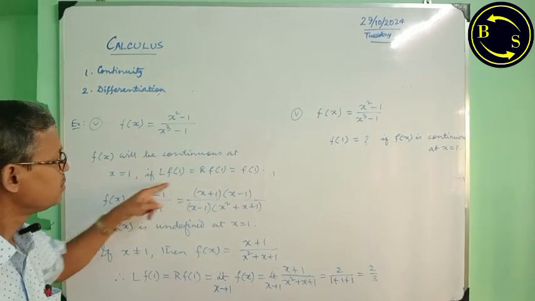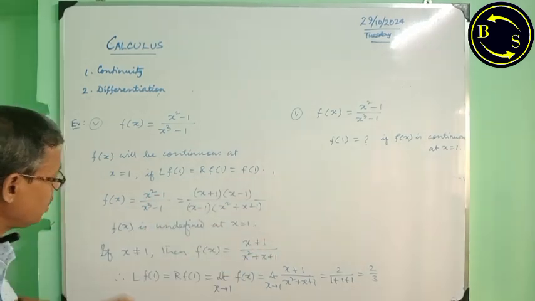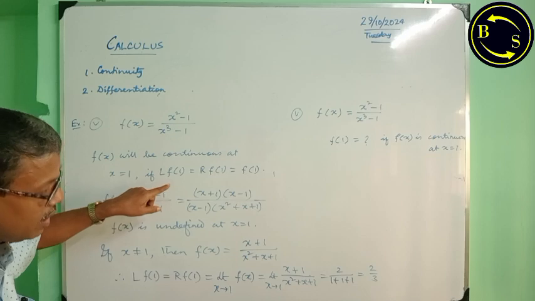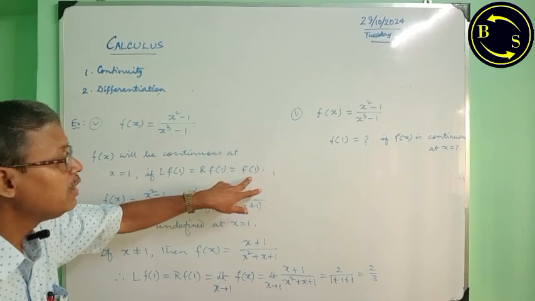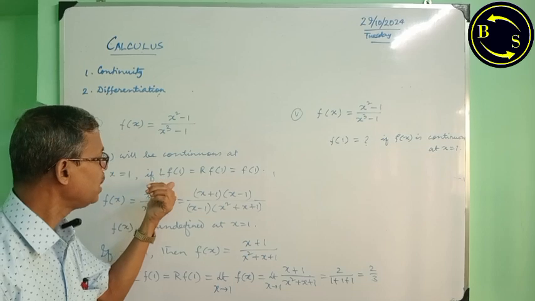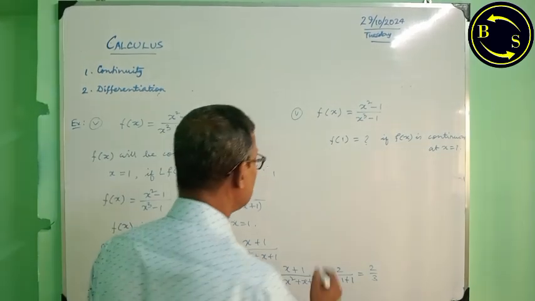As per condition, f(x) will be continuous at the point x equal to 1 if the value of f(1) be equal to each of the values of Lf(1) and Rf(1).